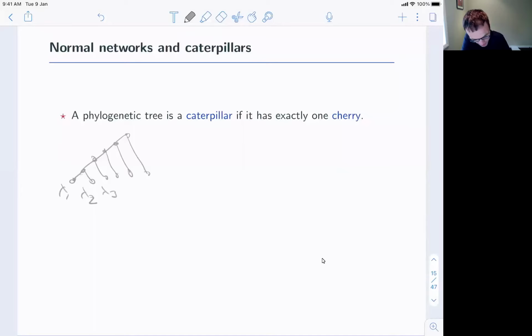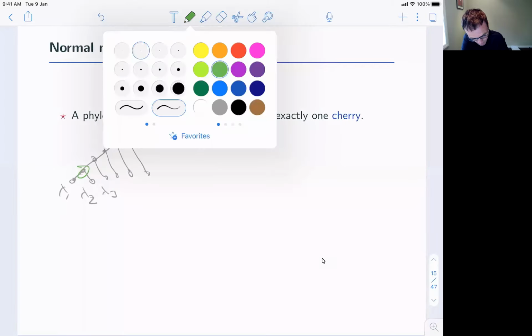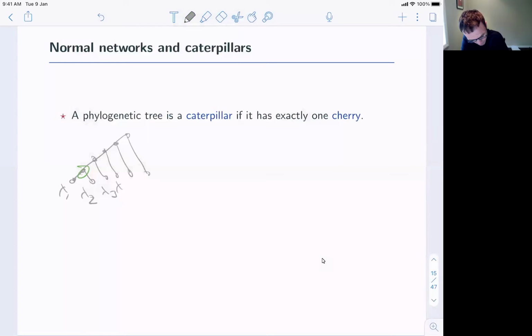It has a common parent. All right, so that's an example of a cherry. And a caterpillar is a tree that has exactly one cherry. So this is an example of a caterpillar. All right, there's an example of a caterpillar. A tree with exactly one cherry.